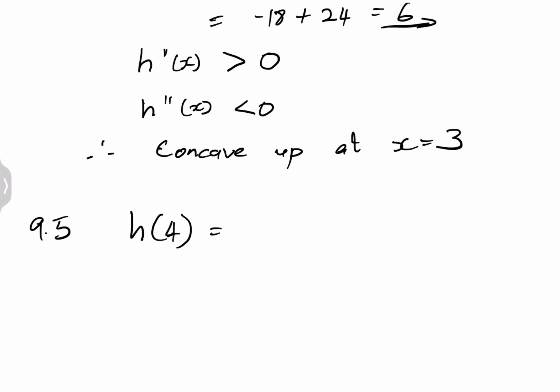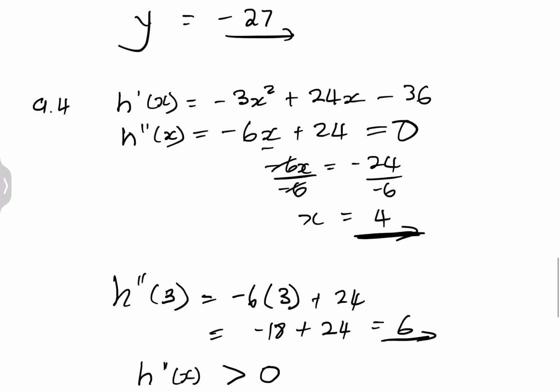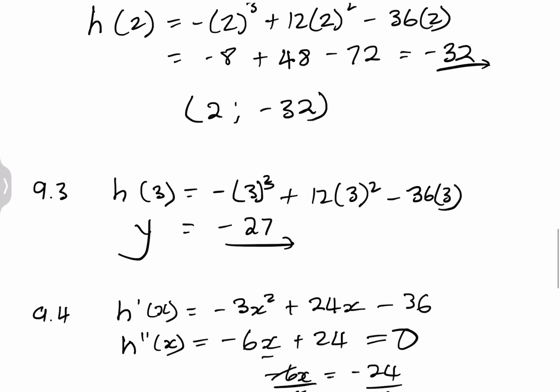We go into the original equation: minus 4 cubed plus 12 times 4 squared minus 36 times 4.